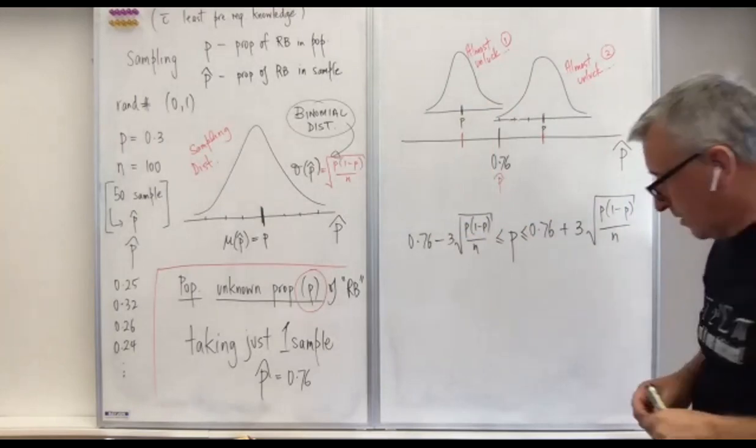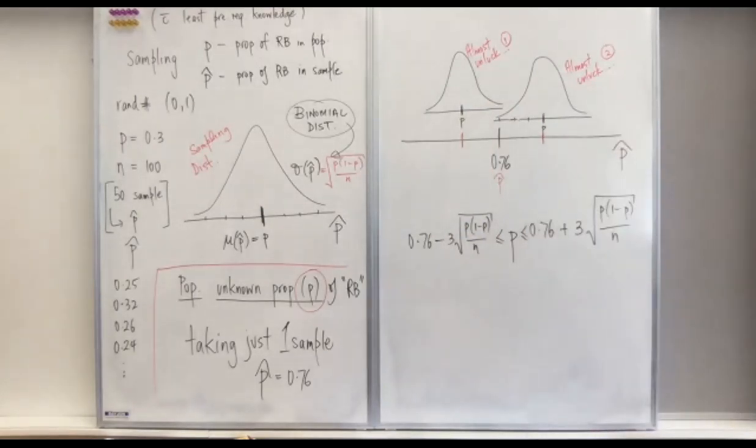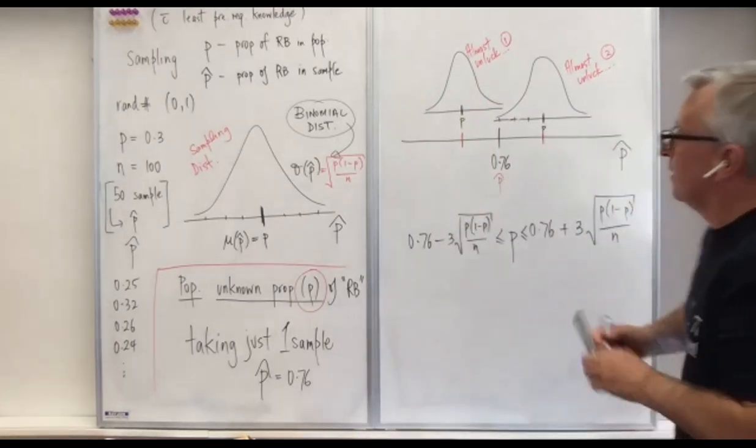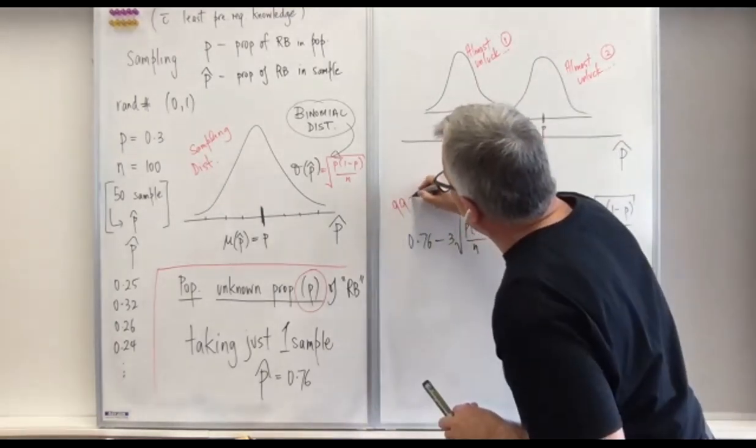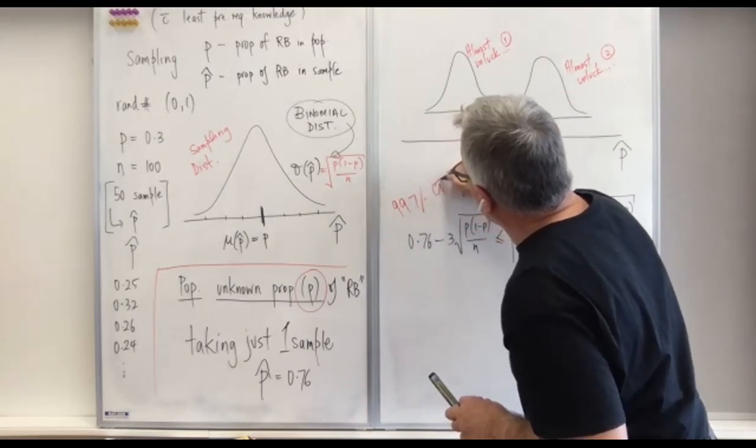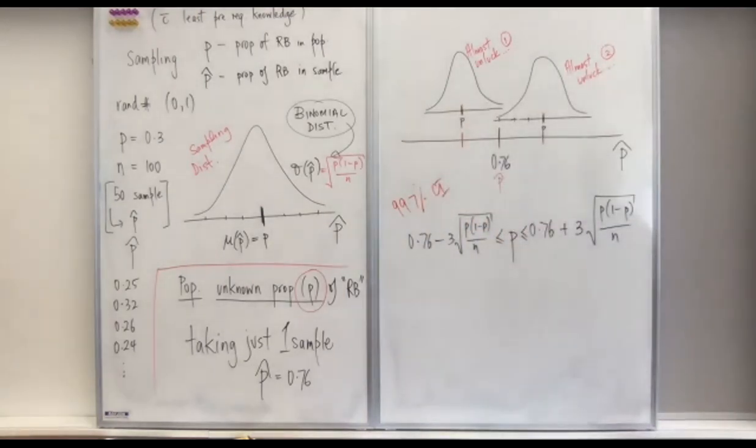And this one would end up being called a 99.7% confidence interval for the proportion.